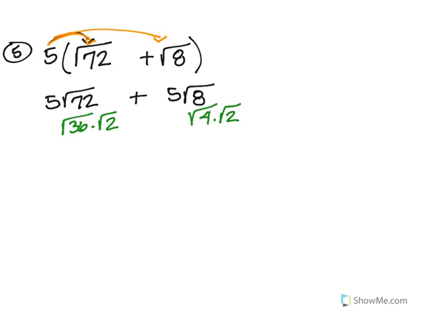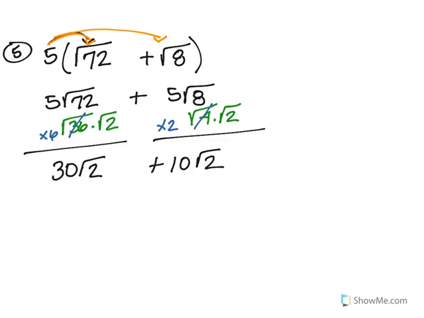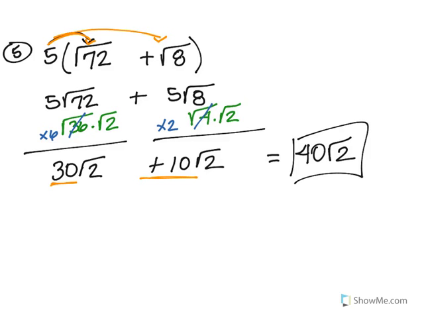Okay, so the square root of 36 times 5 square root of 2, and the square root of 4 times 5 square root of 2. And now can you add these together? Yes. So we have 30 plus 10, which is 40 square root of 2.